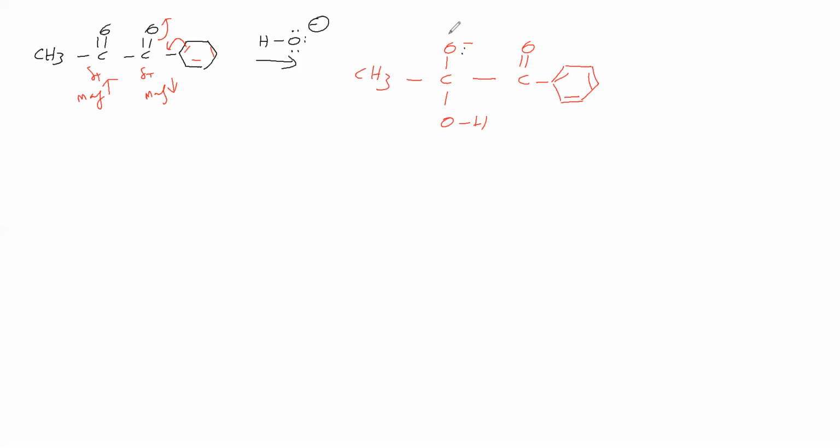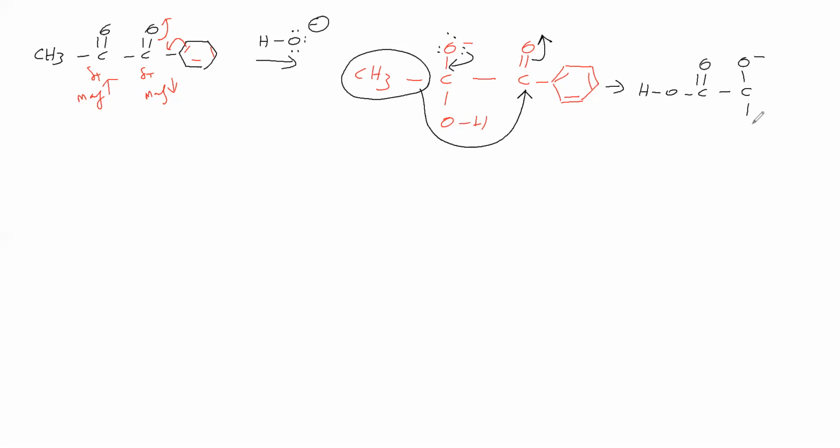Methyl will migrate. This lone pair comes as pi bond, this methyl takes this sigma bond and goes to this carbon, and this pi bond goes to this oxygen. Therefore we get OH C double bond O, here CO minus, here CH3, here the phenyl ring.